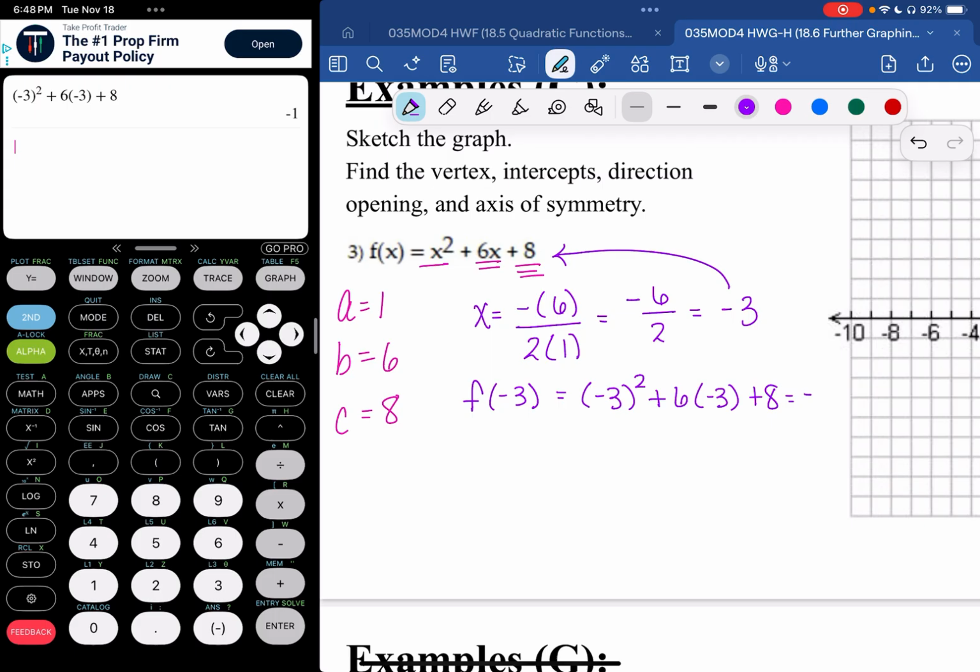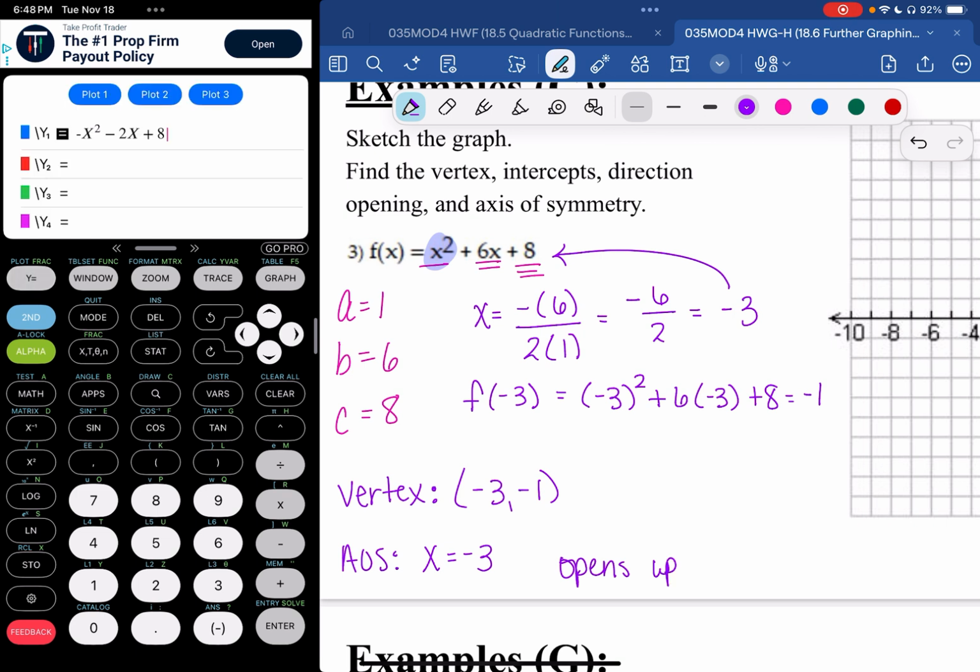So I get negative 1. So my vertex is negative 3, negative 1. My axis of symmetry, x equals negative 3. Since the first term is positive, it opens up.